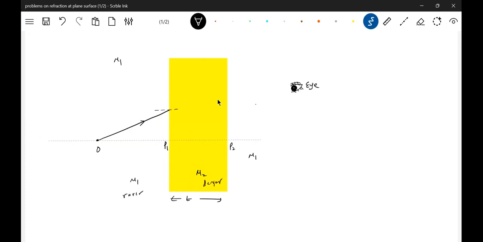Rarer, denser, rarer. So the ray is moving from rarer to denser medium. So it will undergo refraction, the refracted ray will go like this. So this I'll produce back.